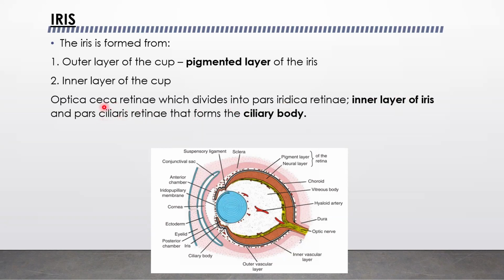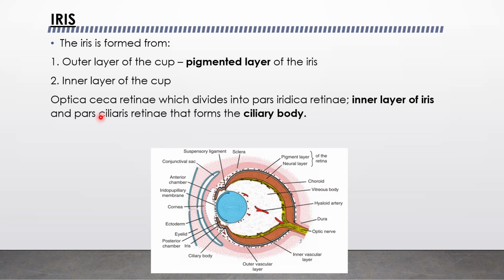The pars ciliaris retinae will form the ciliary body, the ciliary part of the neural layer. And then the pars iridica retinae is the iris part of this optic retinae.